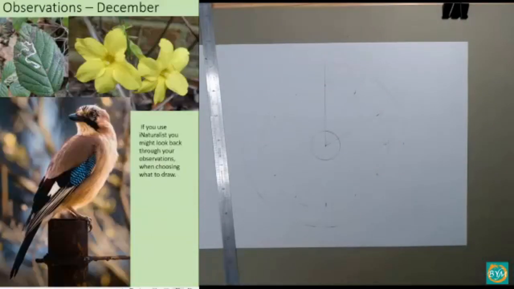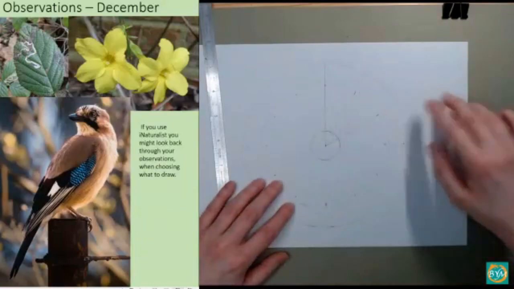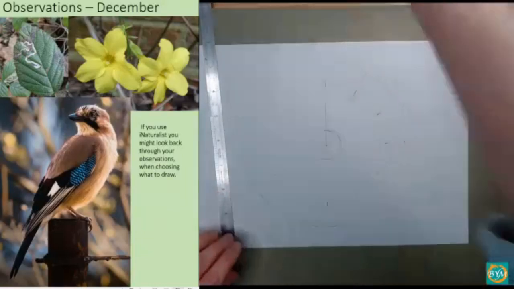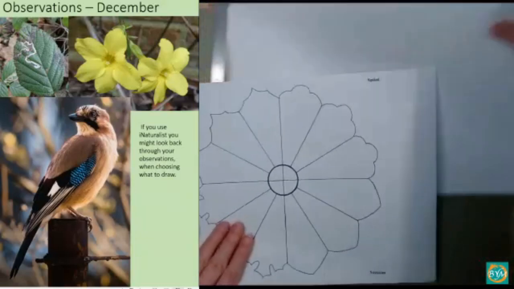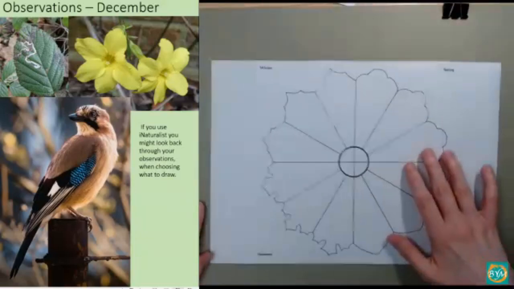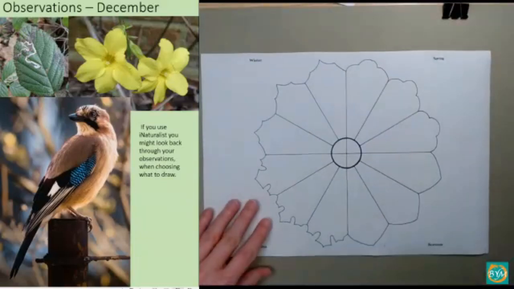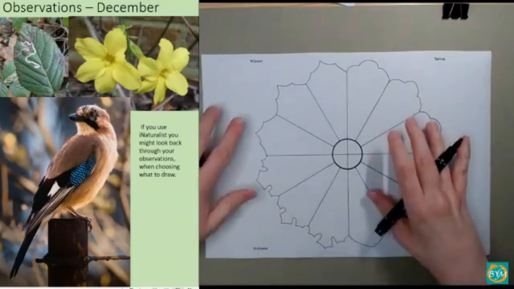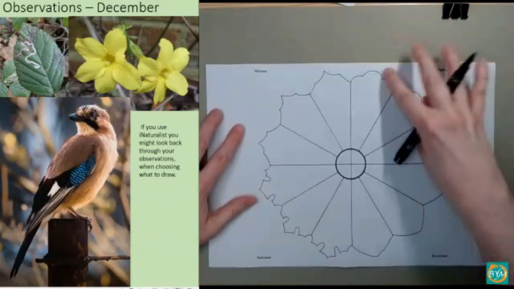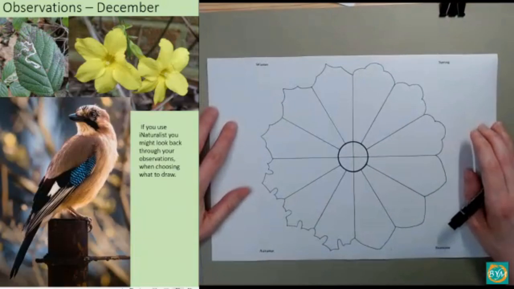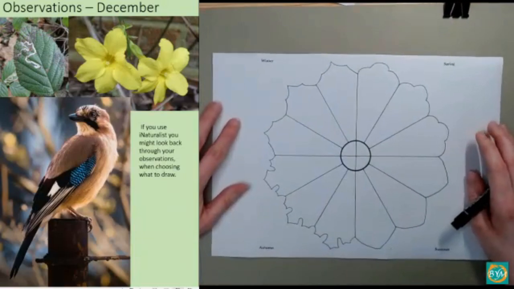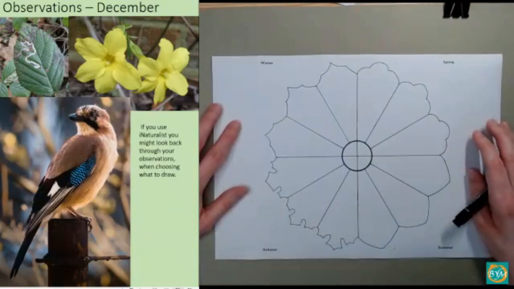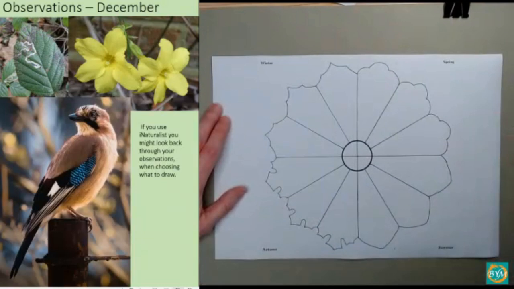So what we need to do then is to fill in the sections for each month. On this one, what I'm going to suggest is that if you've never made one before, make one for your year review, possibly. You can also make one for the coming year that you're going to fill in as you go along.